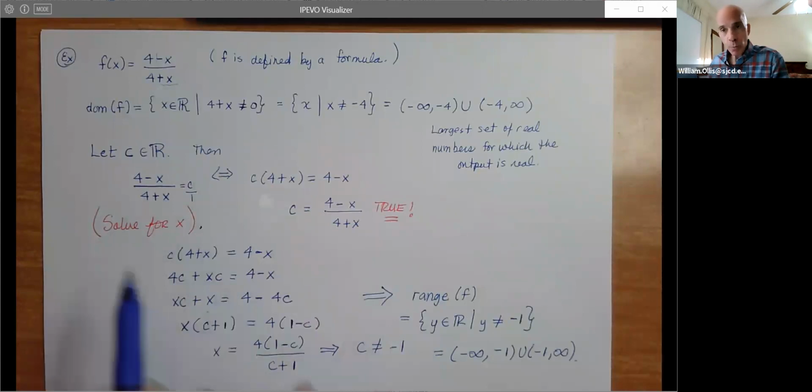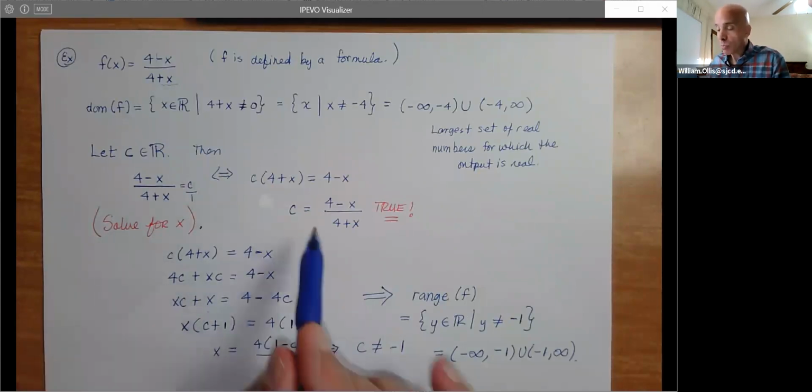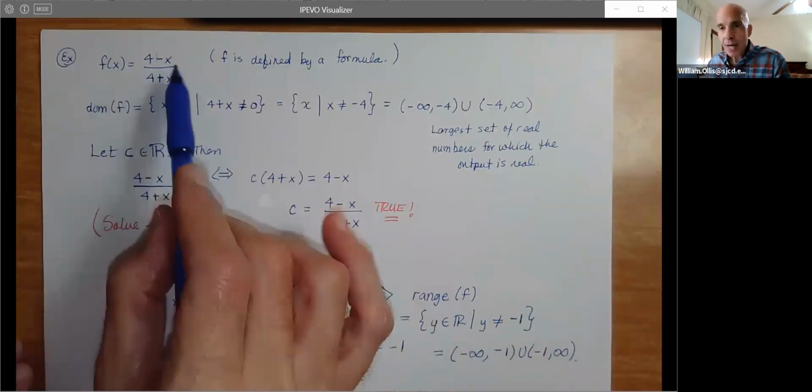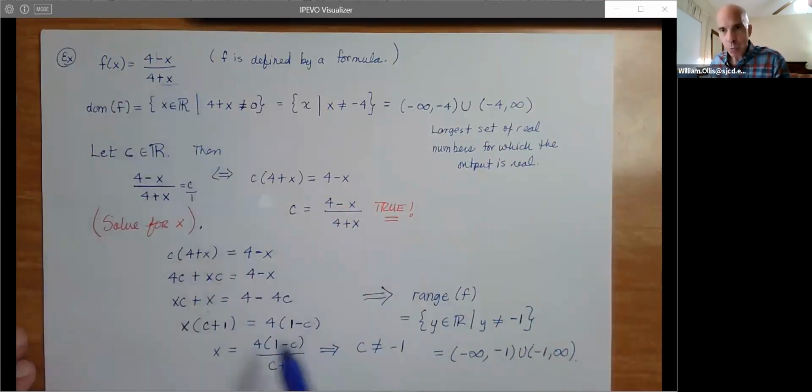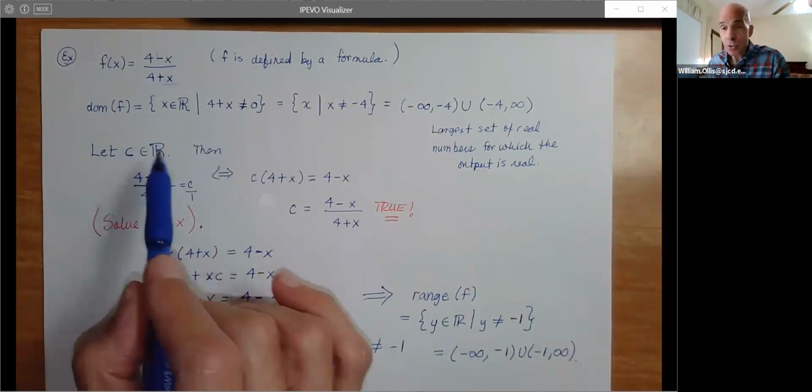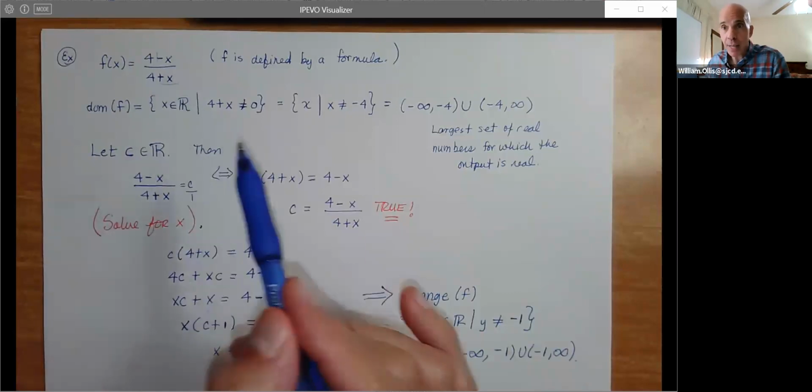So let's just review what I've done here. Don't go forwards to go backwards, clearly. What you do when you're trying to determine a range where this technique works, you use any letter you like. I just used a C. You could use theta. I don't care. That letter doesn't matter.